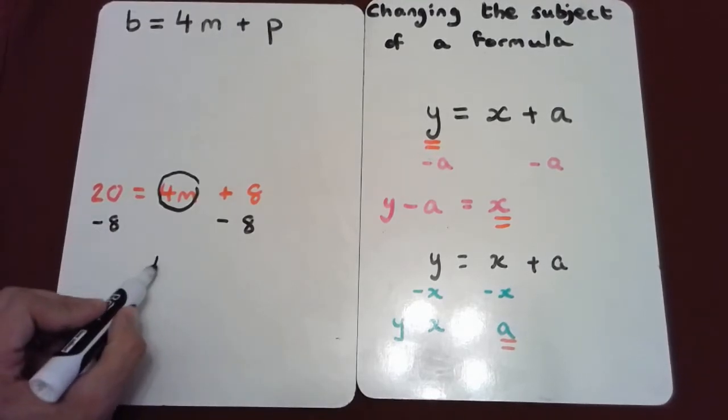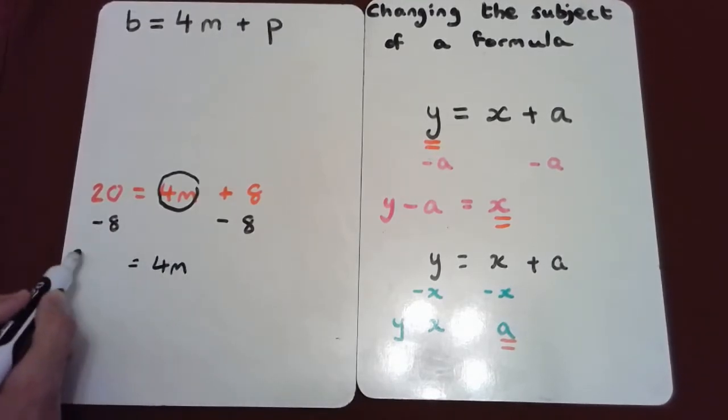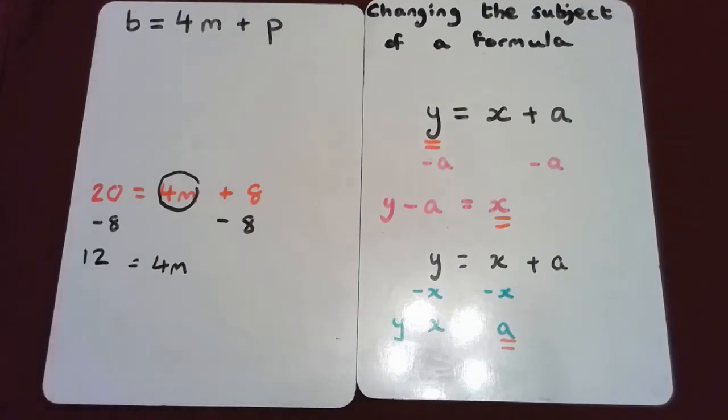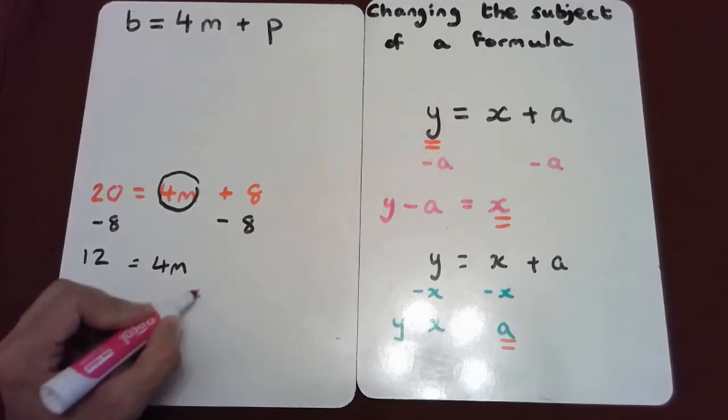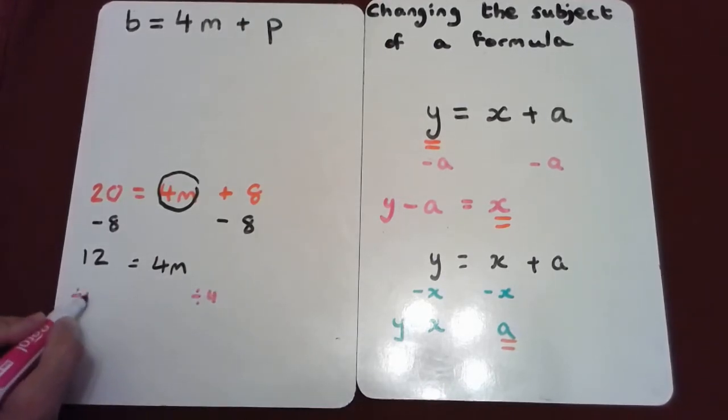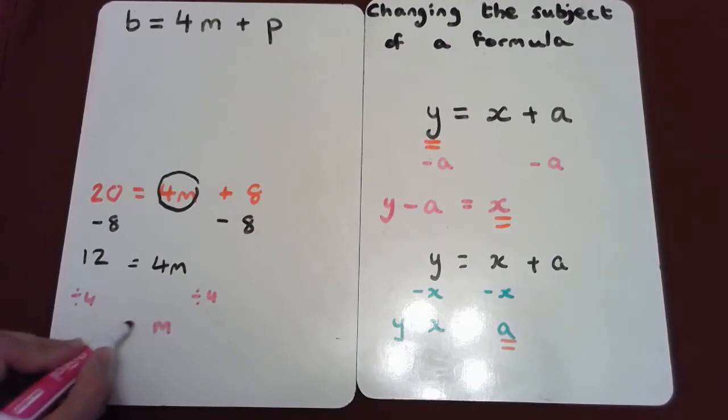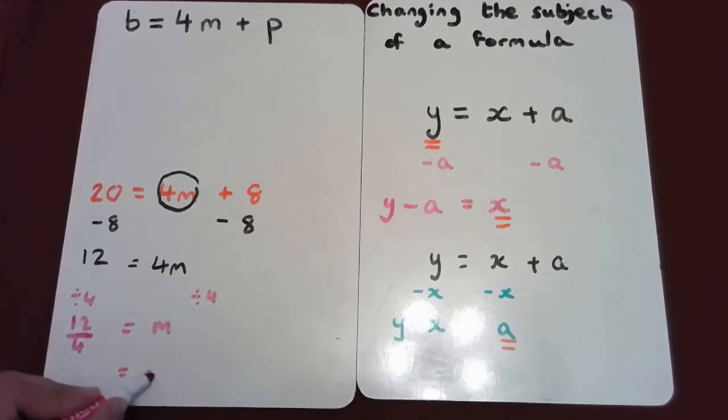And that would give me 4m is equal to 12. And then to finish up, we would divide by 4, giving us m is equal to 12 over 4, which is in fact equal to 3.